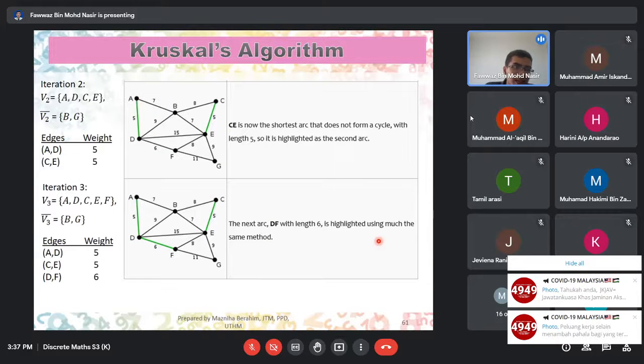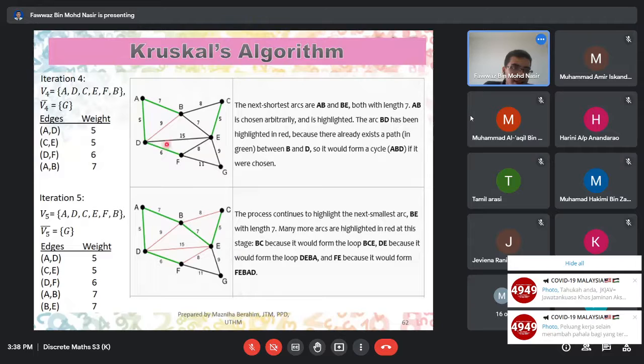Okay, kemudian kita check kita find the next edge with the smallest weight. So CE, kita masukkan CE ke dalam kita punya list of edges berkenaan. Okay, kemudian kita cari lagi edge mana yang have the smallest weight. So DF, so list down DF.